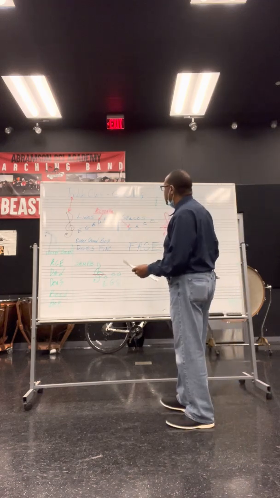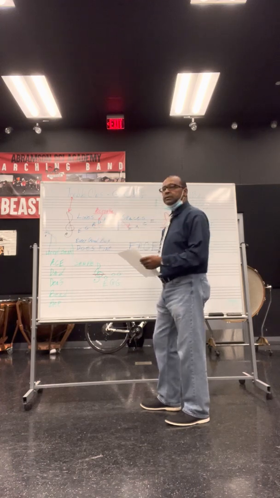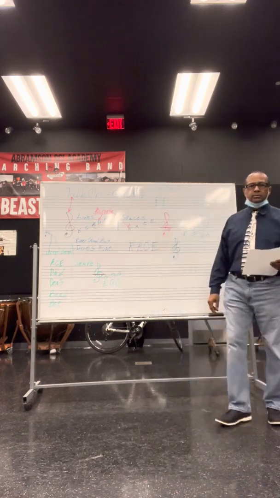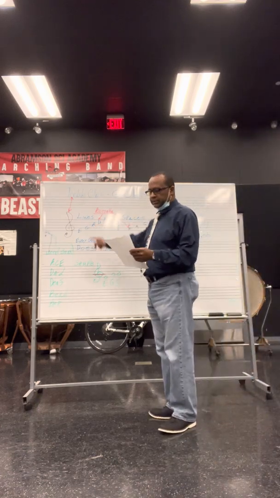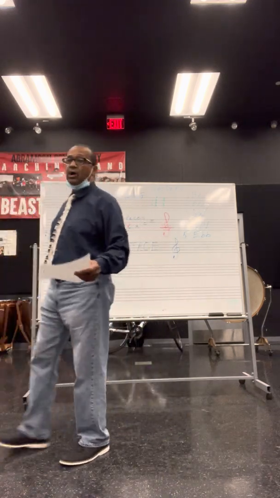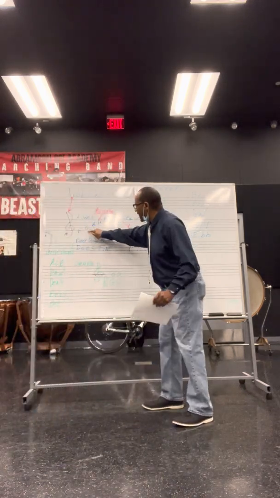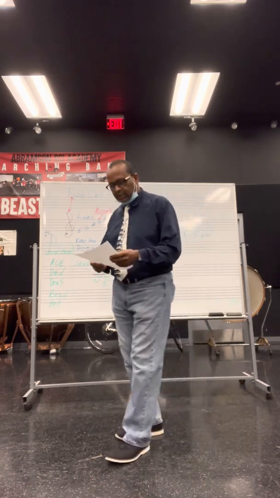Now if I said the letter name is F, true or false? The third line is C. Is that true or false? We know that that is false because the third line is B.